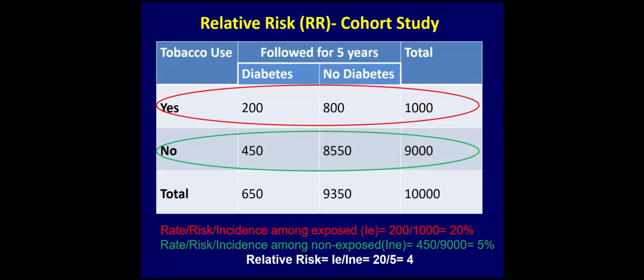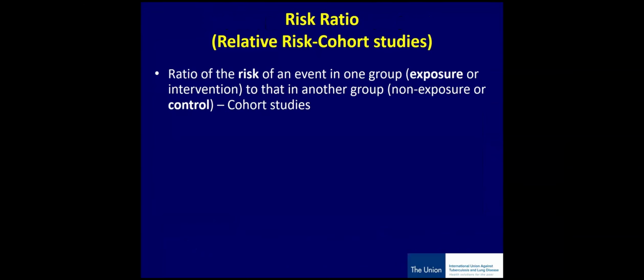Now, how will we interpret this? As I already mentioned, a risk ratio of 1 means there is no difference between the exposure group and the non-exposure group. If the relative risk is more than 1, what does it mean?